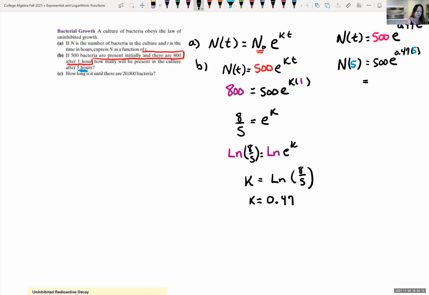Okay, so e raised to the 0.47 times 5, and that times 500. So that would give us approximately 5,243 bacteria.